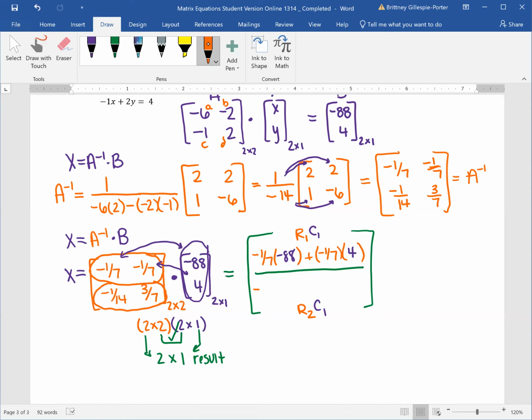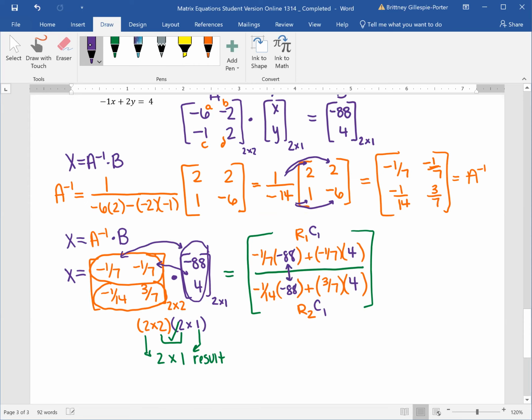So we're going to have negative 1/14 times, again, negative 88, because they were first in their row and column, plus, because it's always plus, 3/7 times 4, because the 4 came last in his column.